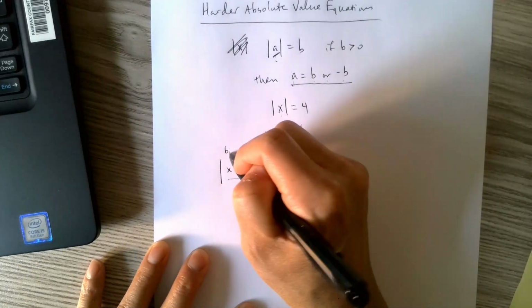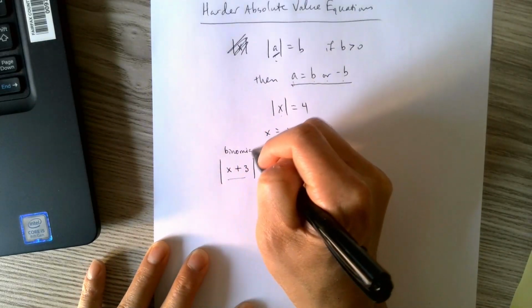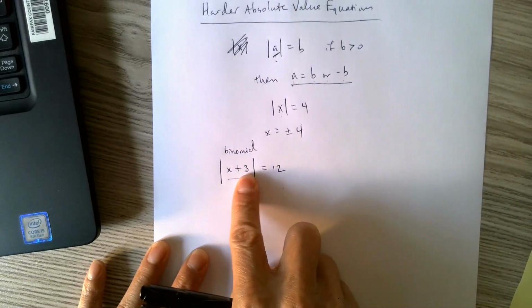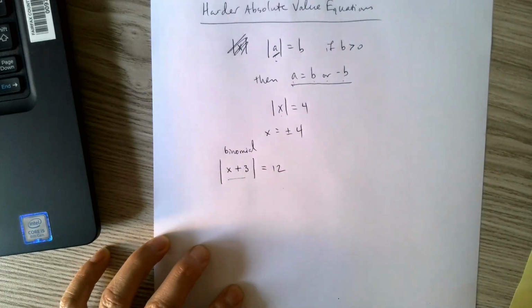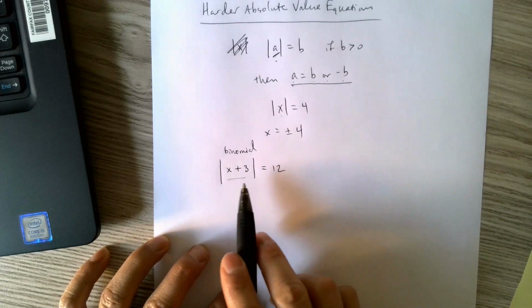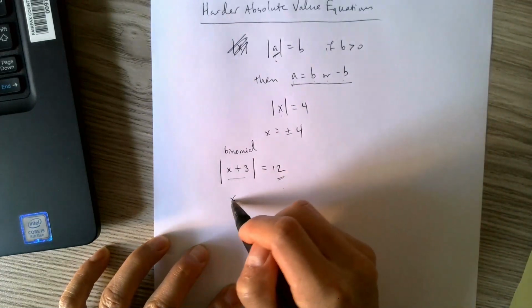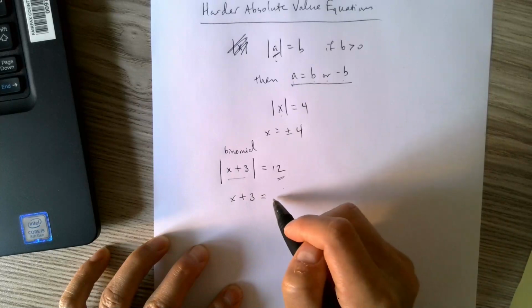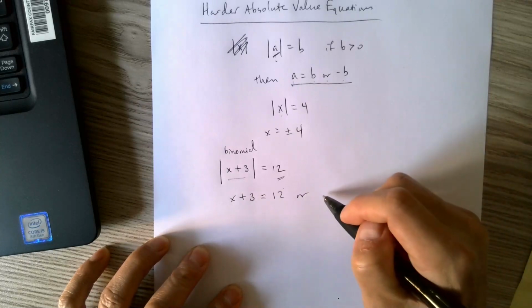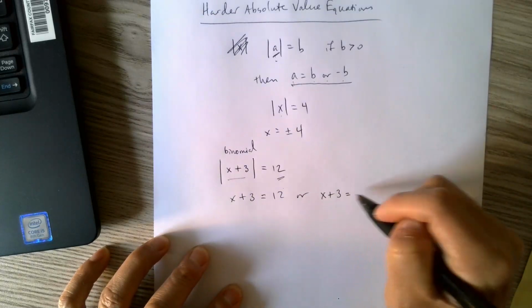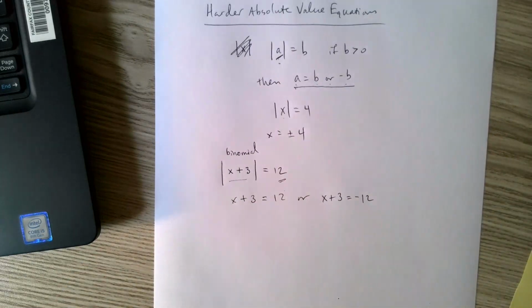We call this a binomial because it has two terms, 1, 2. So I just apply this rule to this binomial. Since 12 is positive, I can say that x plus 3 is 12, or x plus 3 is negative 12.